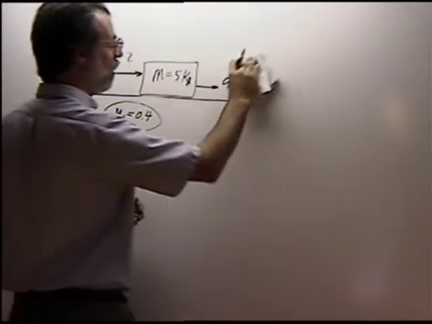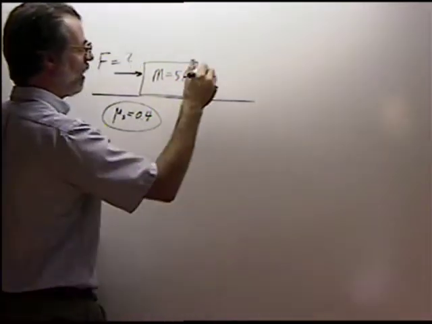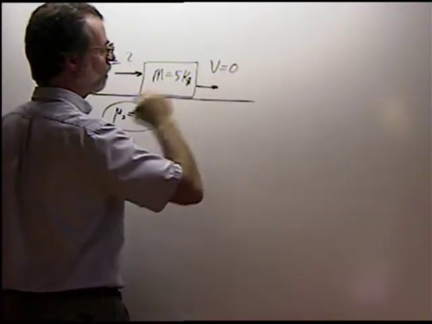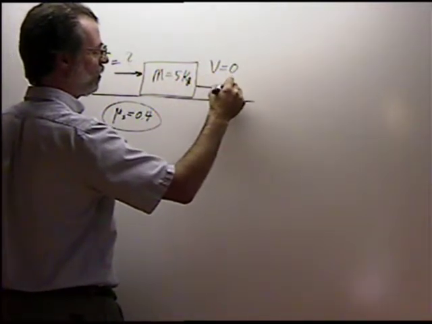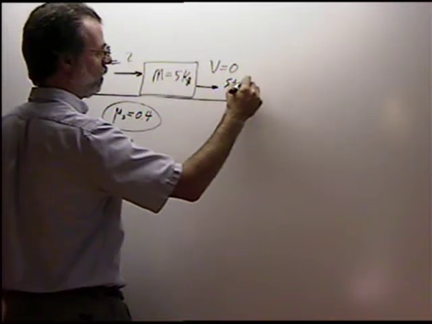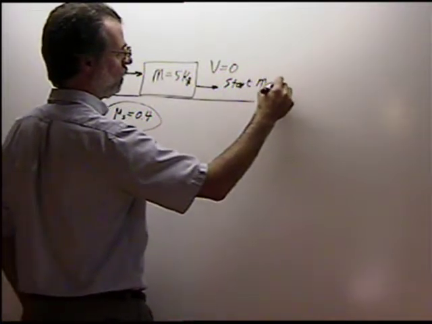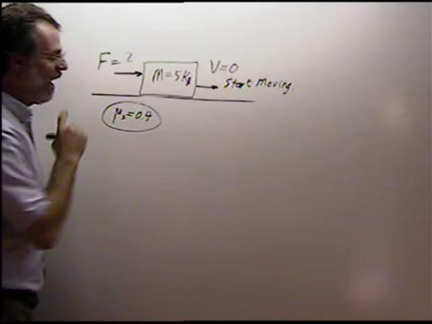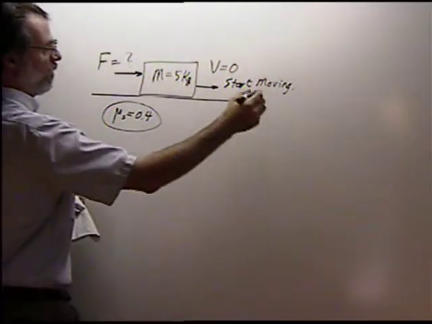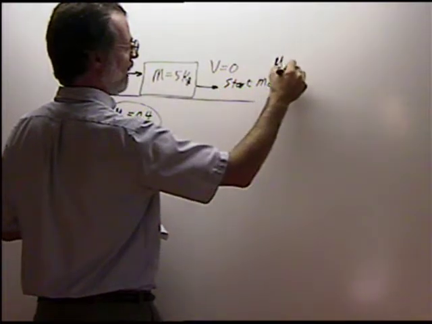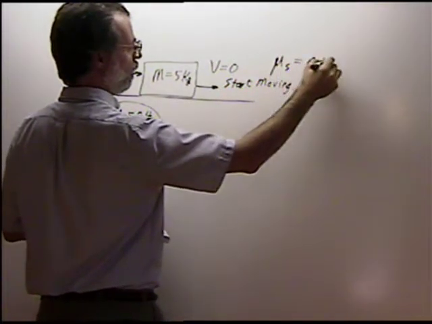So basically, the box is stopped, the velocity is 0, and I want the box to just start moving. How would I solve this problem? I'm going to put up here that the static coefficient of friction is 0.4.